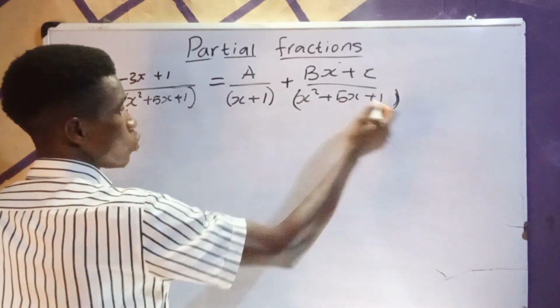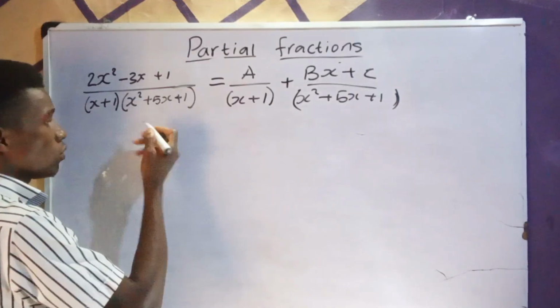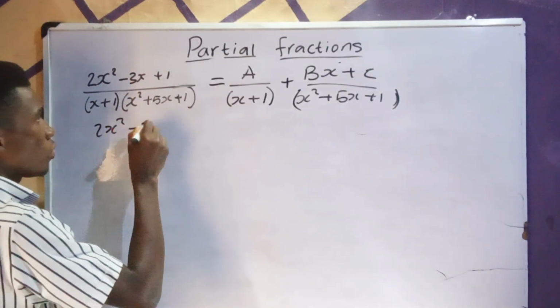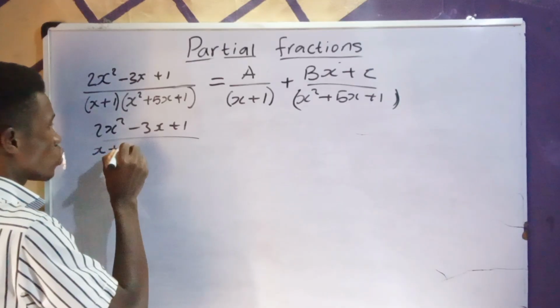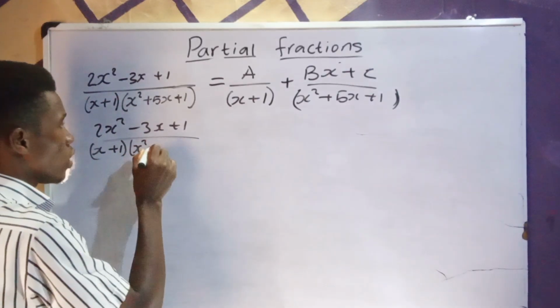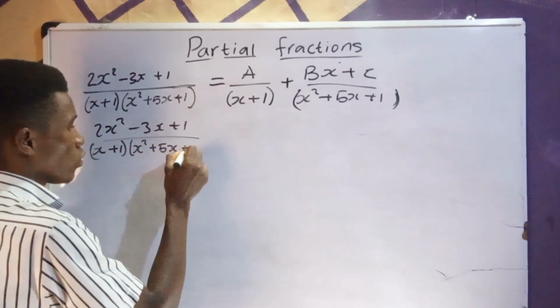So from here we'll go through the same approach now. We have 2x squared minus 3x plus 1 over (x plus 1)(x squared plus 5x plus 1).